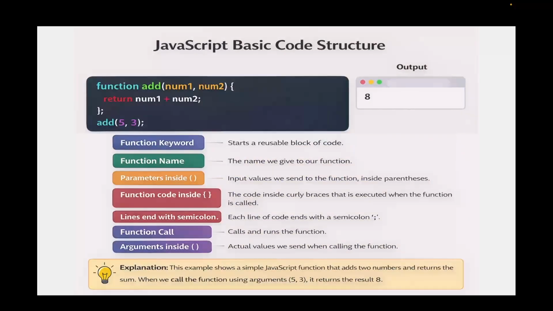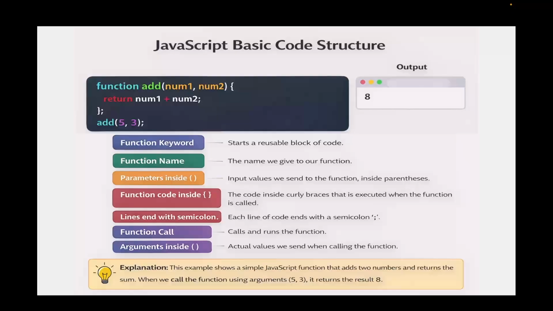JavaScript basic code structure. As you can see here, this example shows a simple JavaScript function that adds two numbers and returns the sum. So when we call the function using arguments 5, 3, it returns the result as 8. The function is the keyword that starts a reusable block of code. And function name is the name we give to our function.